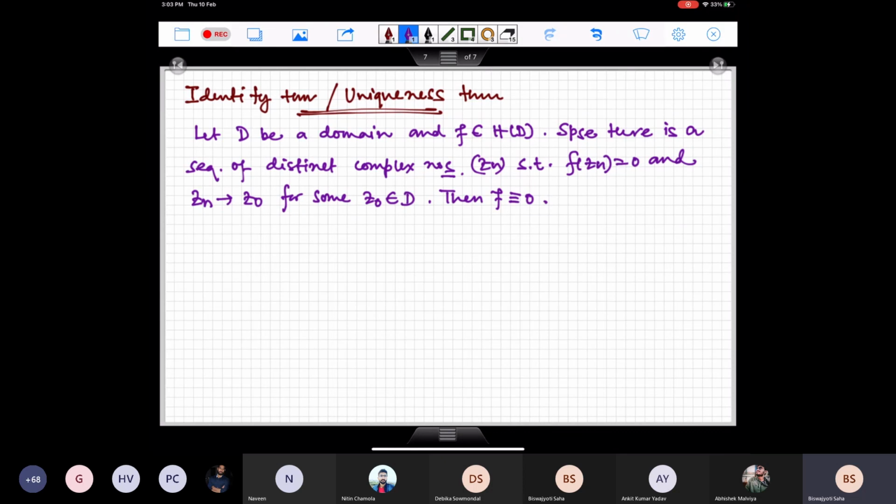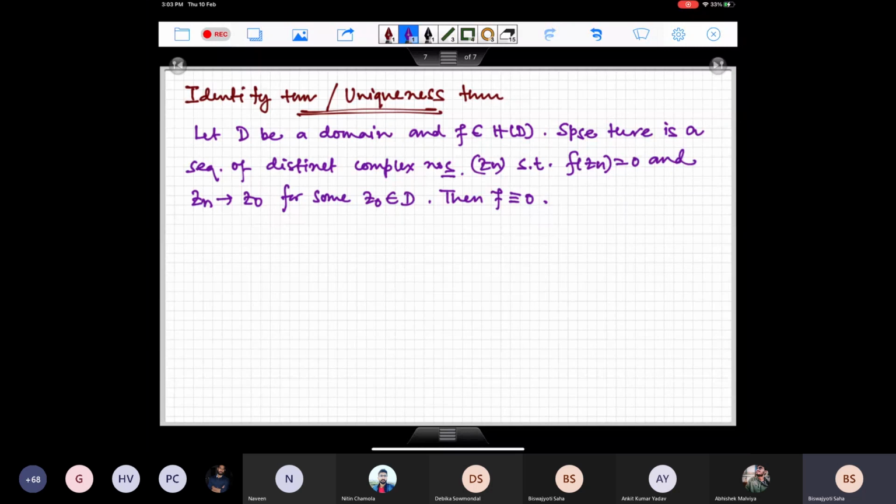Why is it called the identity theorem or uniqueness theorem? The reason being that, for example, suppose I have two functions f and g which agree on a set of points having a limit point in the set D, then you will be able to say f is identically equal to g.